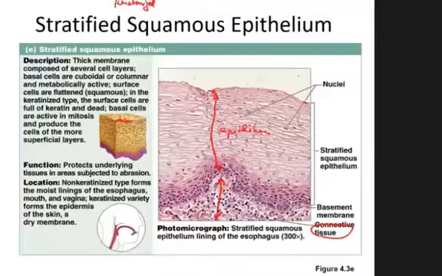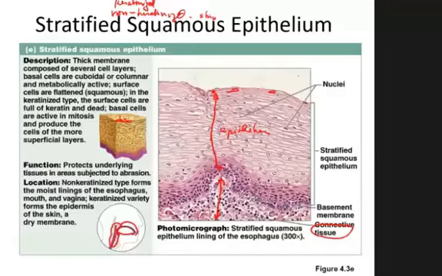Here, they're not dead cells, so they actually still have a nucleus on that cell on top. They're still living cells. Now, when you see this epithelium, you can always think about DNA. Because remember, when we want to get DNA from you, we scrape off the inner part of your cheek. So examples of non-keratinized stratified squamous epithelium are the mouth and the esophagus.